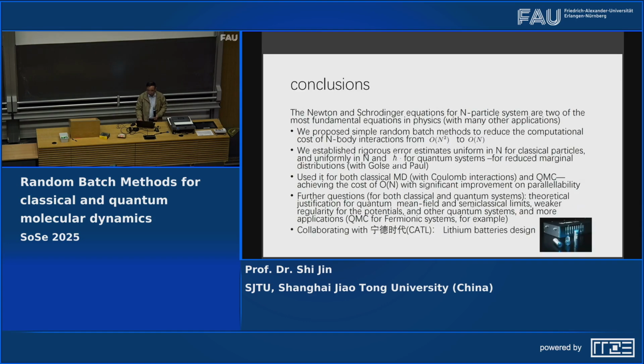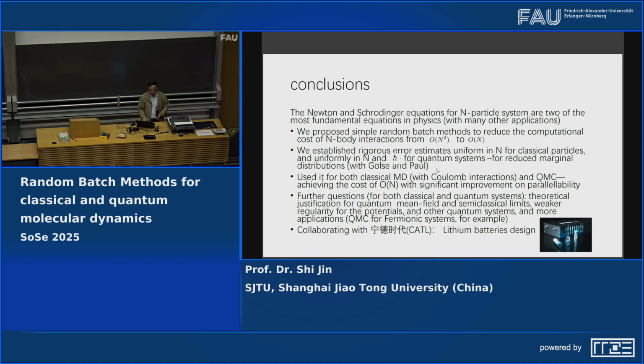So here's the conclusion. You probably agree with me that Newton's equation and the Schrodinger equation are the two most fundamental equations in physics. When you have n particles, the computational cost is very expensive. So for both, we introduced this random batch method to reduce the cost from order n squared to order n. The method is very simple, extremely simple compared to the fast multipole method. And theoretically, for classical particles, we can prove an estimate independent of n.